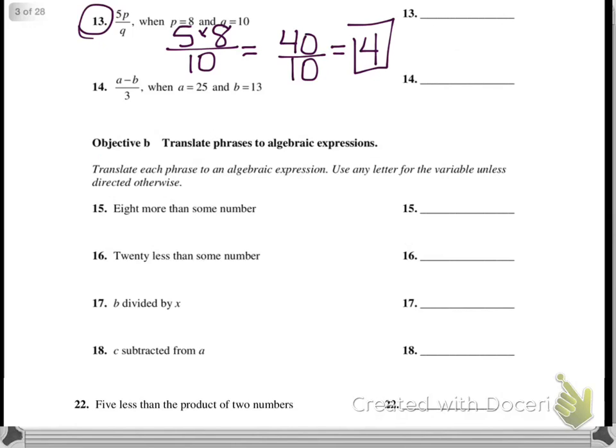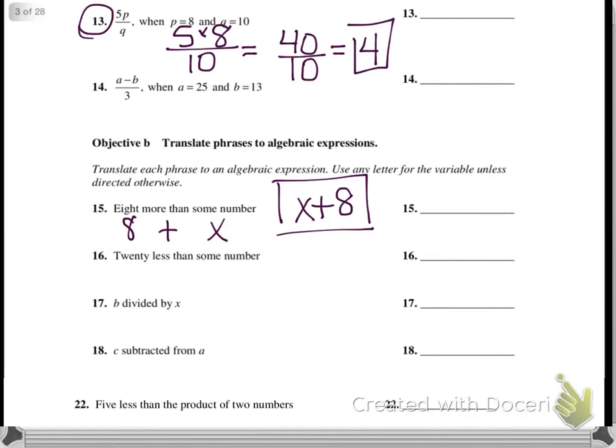So 8 more than some number, well, we have 8 and some number, we can just say x, and so we can say 8 plus x or x plus 8. If I were to read this, 8 more than some number, to me that I'm adding 8 to something, so I think of that in terms of x plus 8. But addition, you can have x plus 8 or 8 plus x, and it's the same, but I would probably write x plus 8.